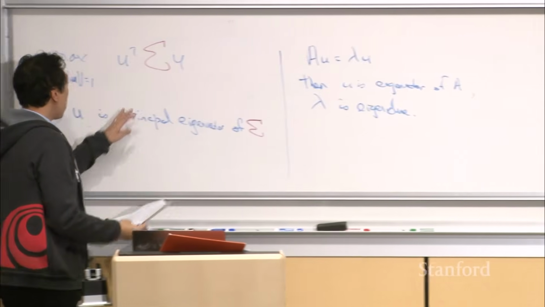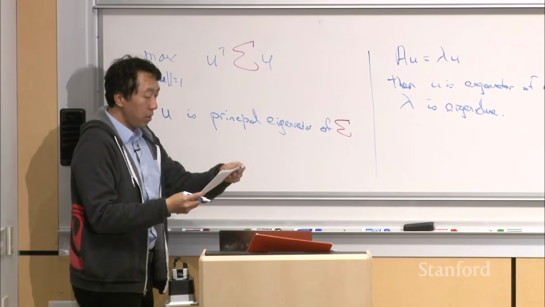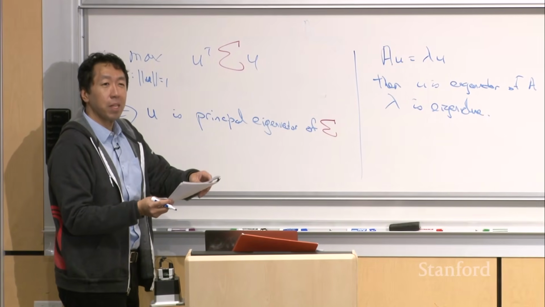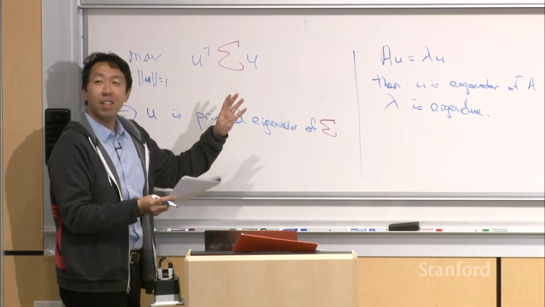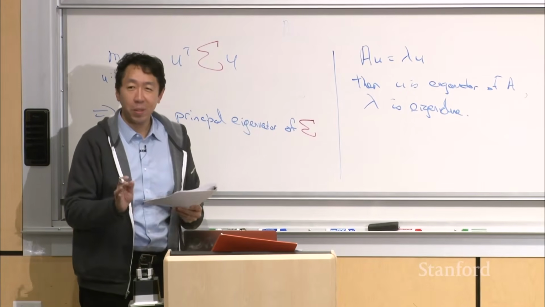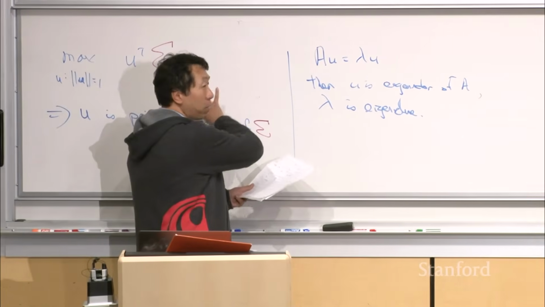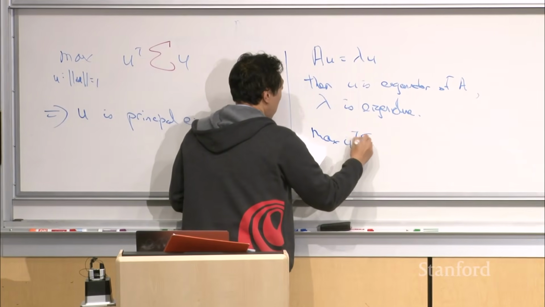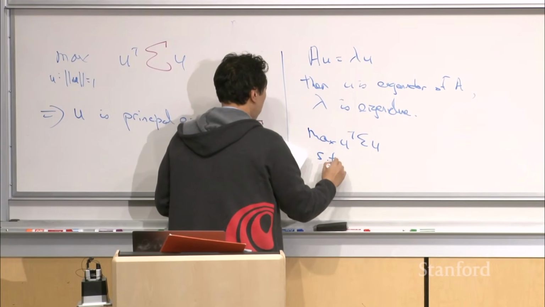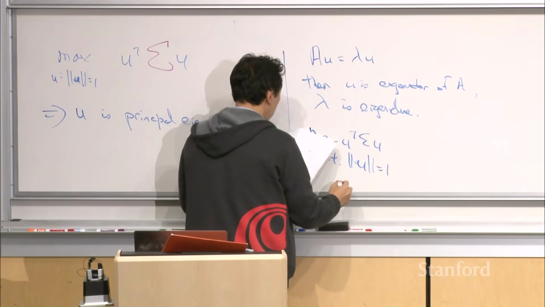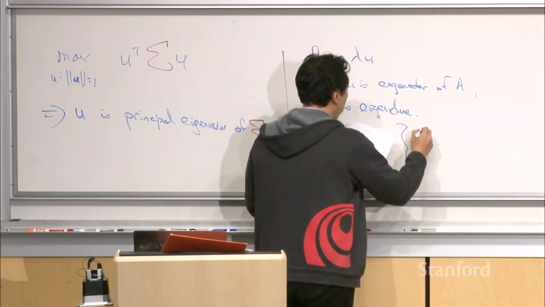How many are familiar with the method of Lagrange multipliers? Okay, fewer of you. If you're familiar with it, which you don't have to be, one way to show this is: your goal is to maximize u transpose sigma u subject to norm of u equals 1.